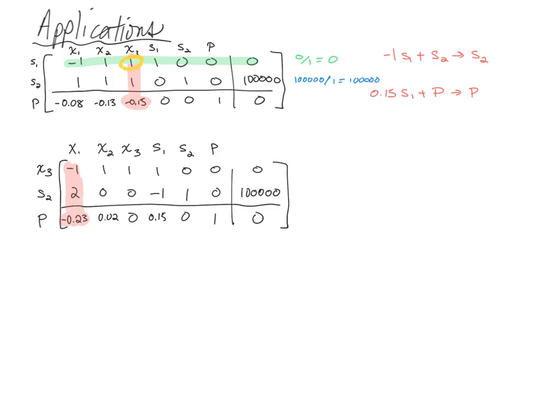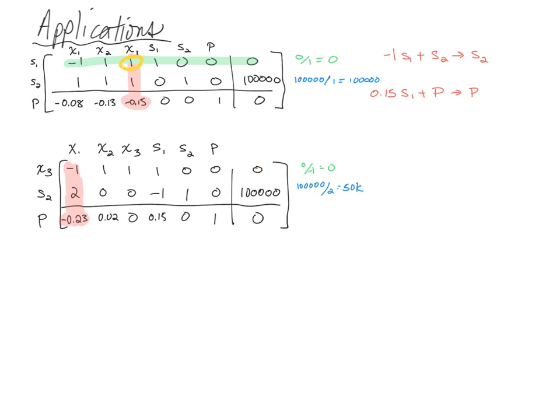So this becomes the new pivot column. Now, one thing I didn't get to say in the baby steps is that you do not get to reuse pivot rows and pivot columns. So even though you come over here to the right side of this matrix and you divide 0 by negative 1 and get 0, and you divide 100,000 by 2 and you get 50,000, you cannot reuse the first row as a pivot row.